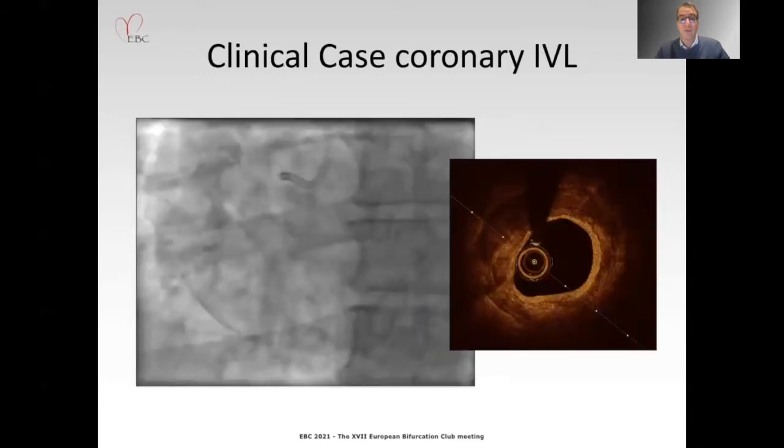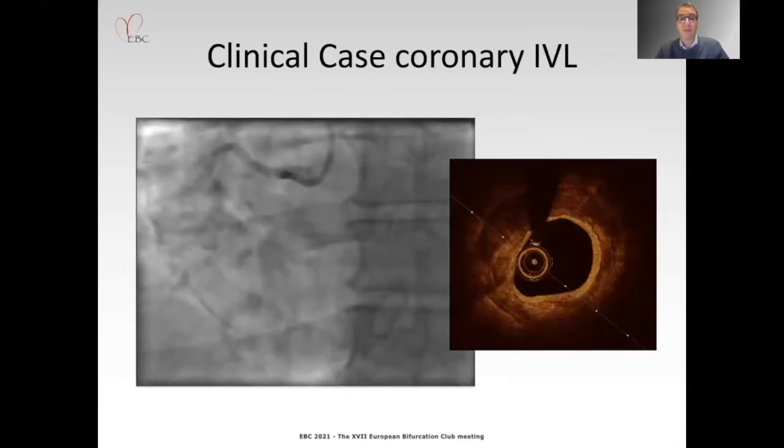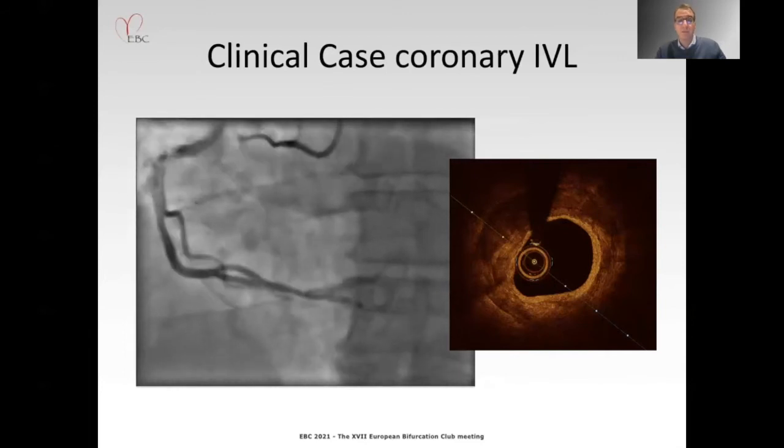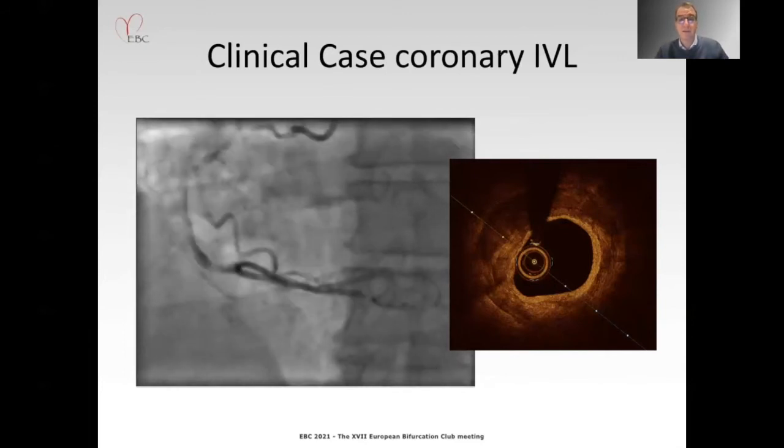Finally, I want to show a clinical case which shows a severe calcified lesion, which is nicely demonstrated in the intravascular imaging, which was OCT in the right coronary artery.